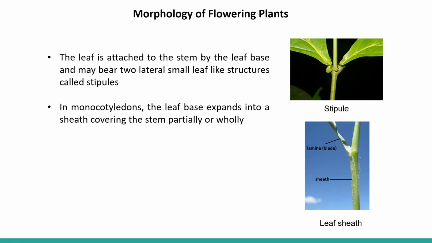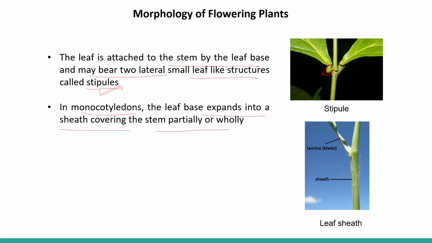The leaf is attached to the stem by the leaf base and may bear two lateral small leaf-like structures called stipules. Sometimes in some plants, at the base, small green appendages are present, and those are called stipules. In monocotyledons, the leaf base expands into a sheath covering the stem partially or wholly.